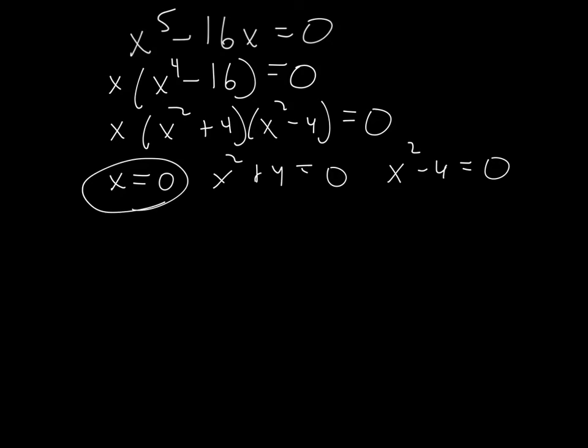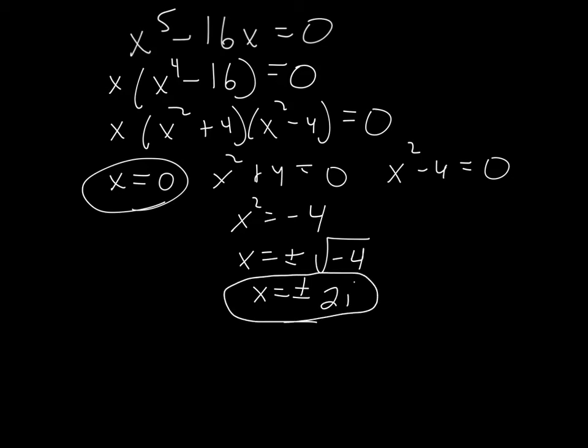The other ones are kind of similar to what we've been doing here. It's x squared equals negative 4, and then x equals plus or minus square root of negative 4, but that's just x equals plus or minus 2i. This one here, x squared equals 4. Now we're going to square root on that one.